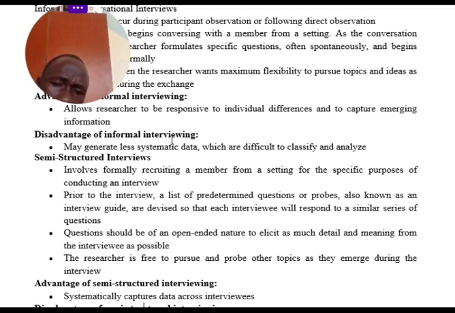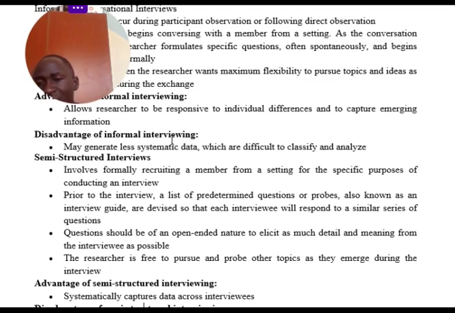And then they are talking about the questions being of an open-ended nature, to elicit or to display information. And then the researcher is free to pursue and probe other topics as they emerge during the interview.